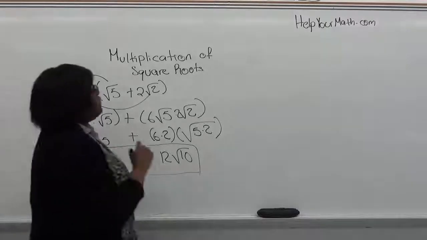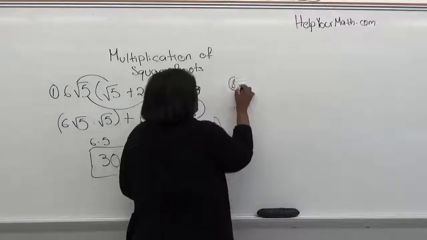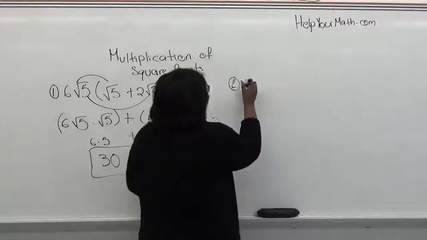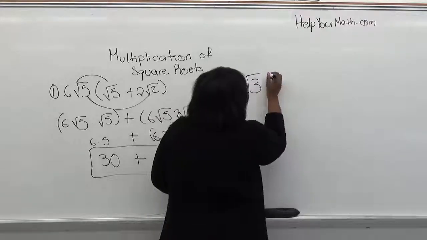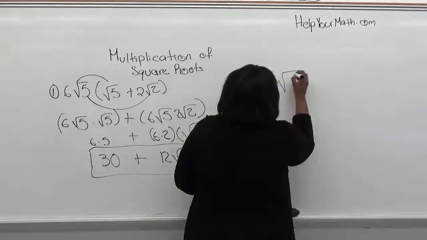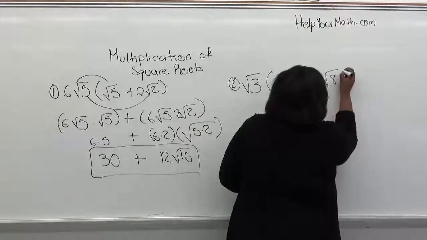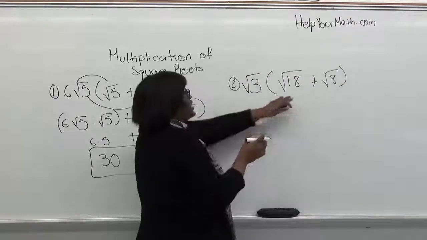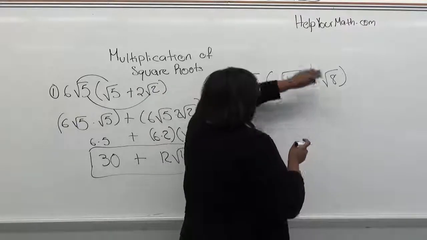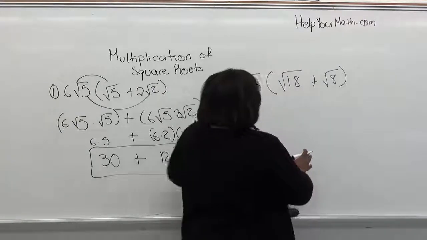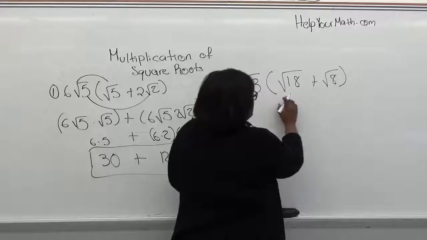Now, if we go on to example number 2, we're going to have radical 3 times (radical 18 plus radical 8). Now we're going to simplify anything in the parentheses. So let's simplify radical 18 and radical 8.